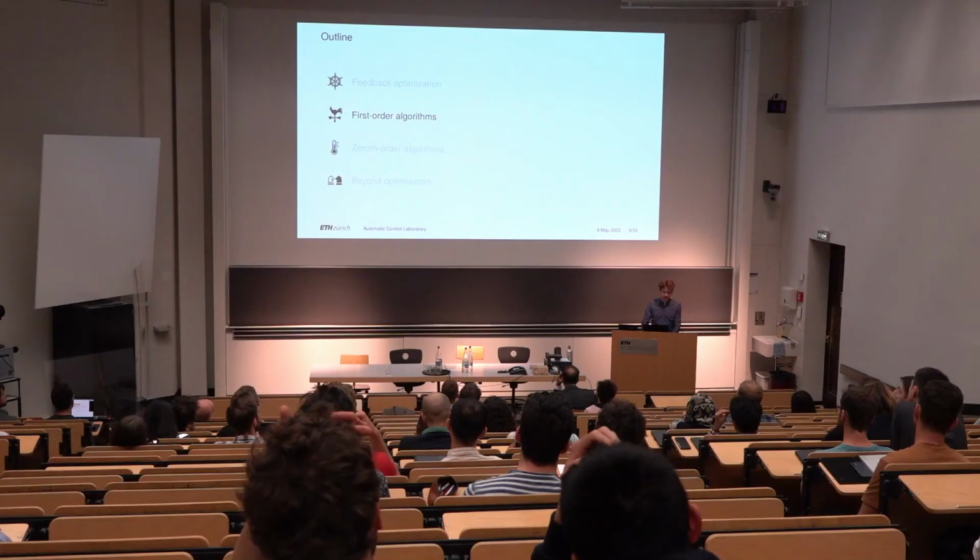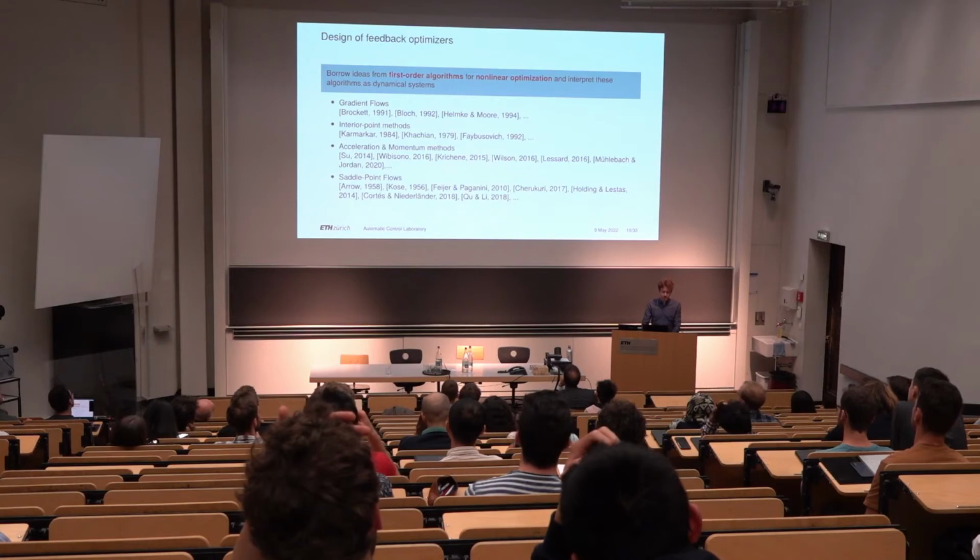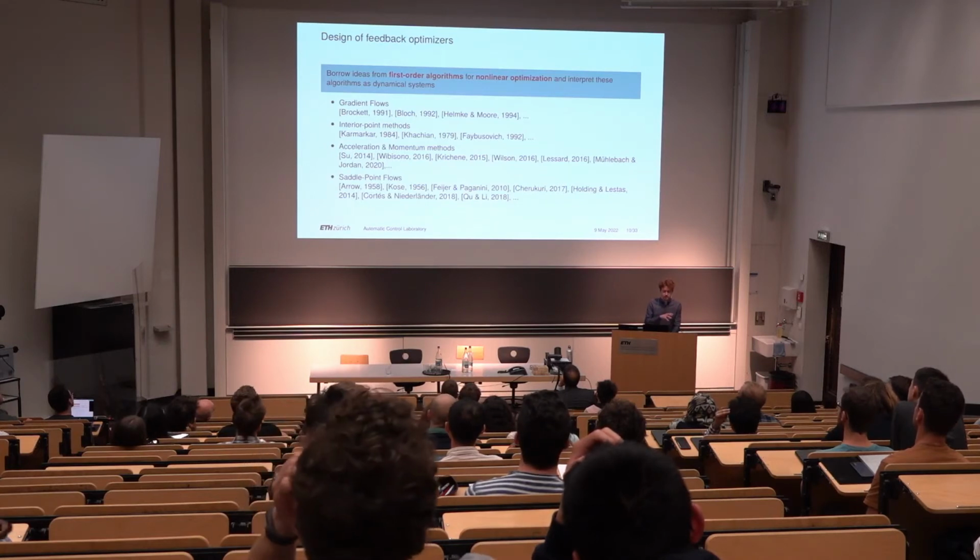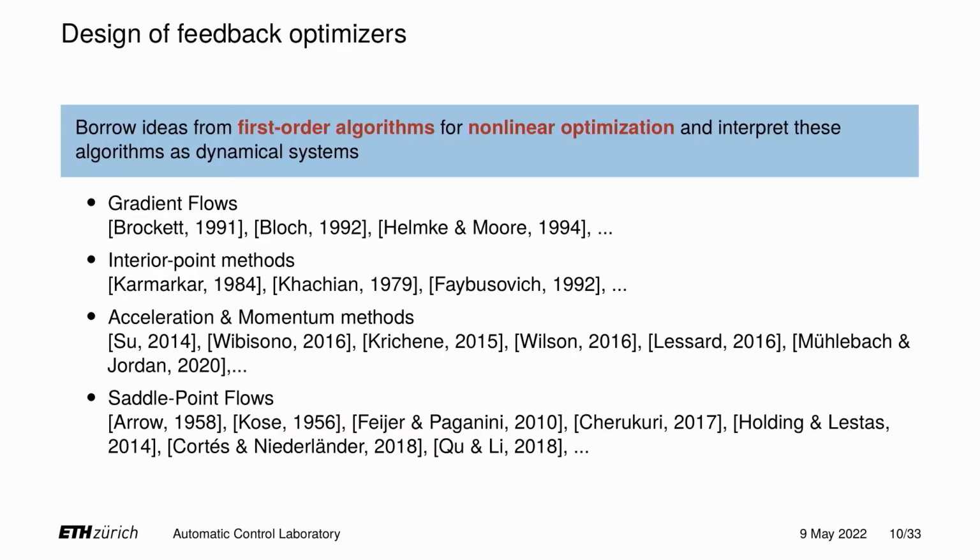The idea here is that we borrow these first-order algorithms, so algorithms that are driven by gradient, from the standard nonlinear optimization literature, and interpret them as dynamical systems so that we can study their interconnection. There are a number here which have been studied as dynamical systems very long ago, in a way.